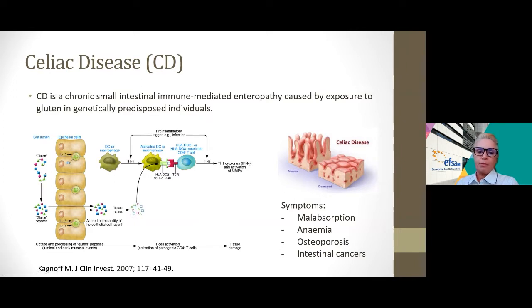These modified peptides bind to HLA DQ2 and DQ8 available in the antigen-presenting cells. The complexes activate the T cells, and the T cells release mediators leading to tissue damage, to gradual atrophy of the upper layer of the intestinal mucosa, and leads to malabsorption, anemia, osteoporosis, and even intestinal cancers.